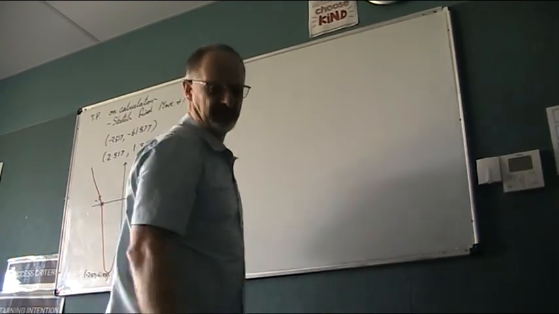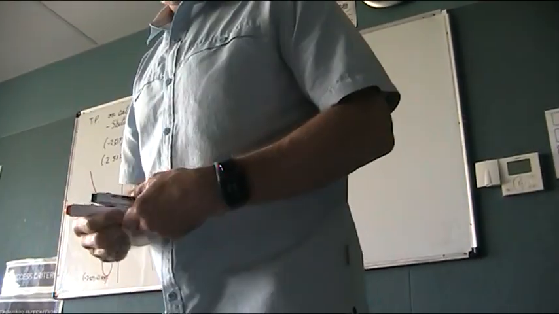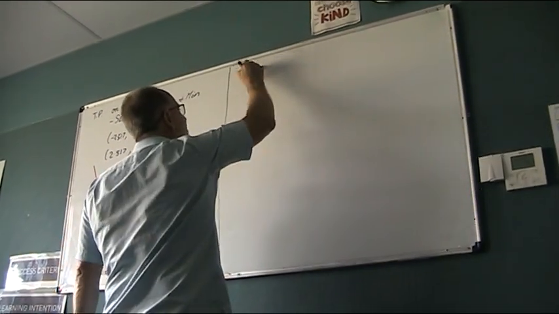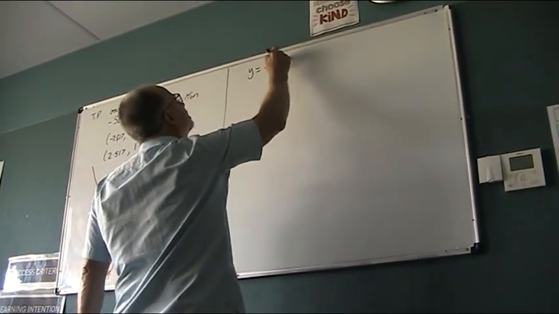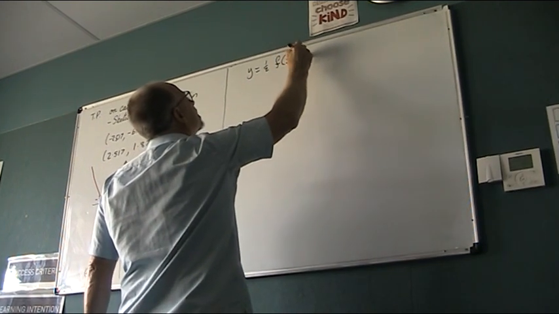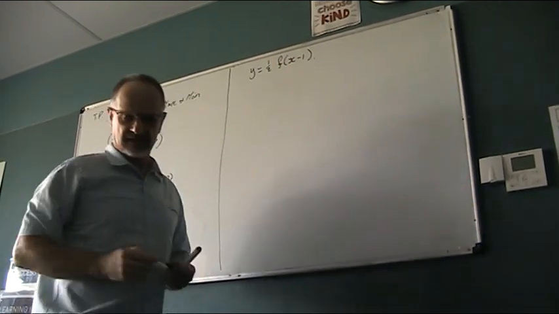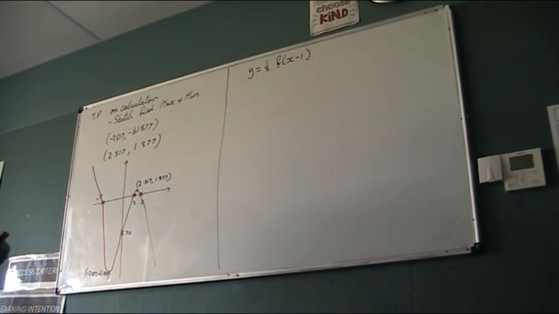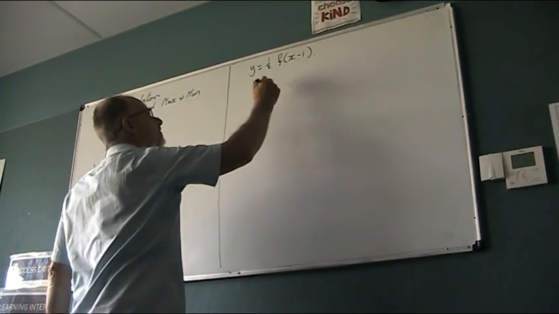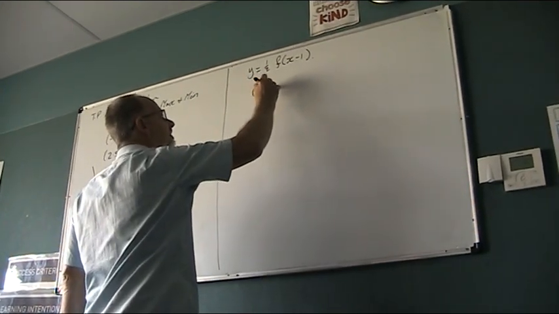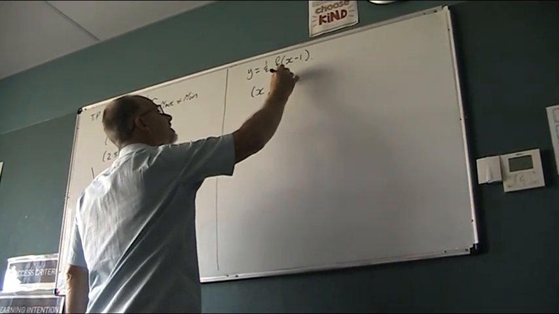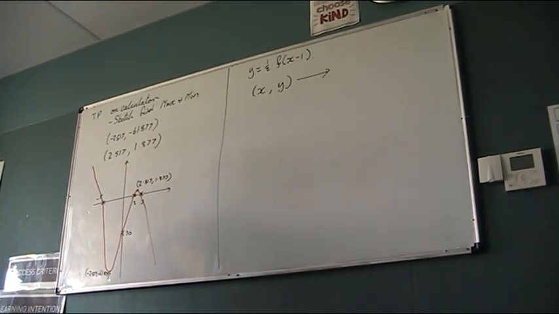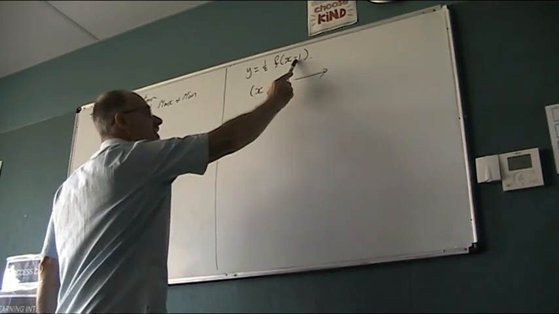All right, the next bit. What's this? y equals a half f of x minus 1. So now we think about what happens here. With this translation, we start with our x and y's, what happens? So what does this here do?